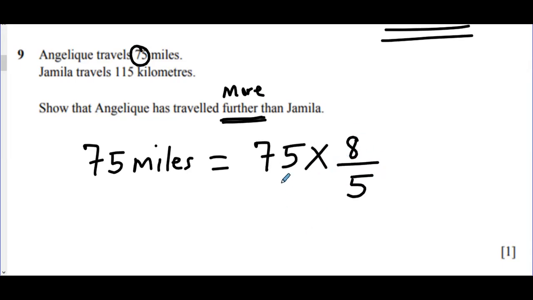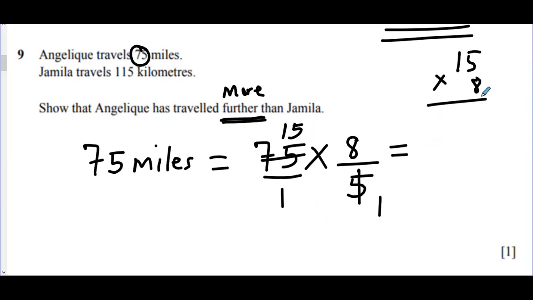8/5. Okay, now see that this is a whole number, so keep it over 1. So you can simplify across by 5, 1, by 5, how much? 15. Okay, so you can see that 15 times 5, the answer is 75. Now you people tell me, what is 15 times 8? 120.